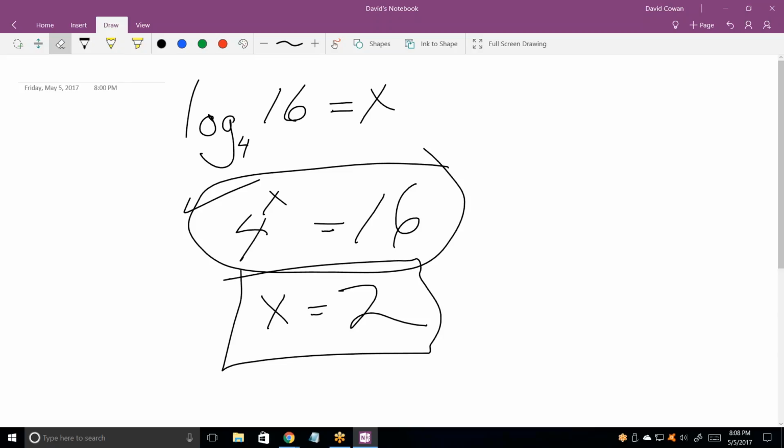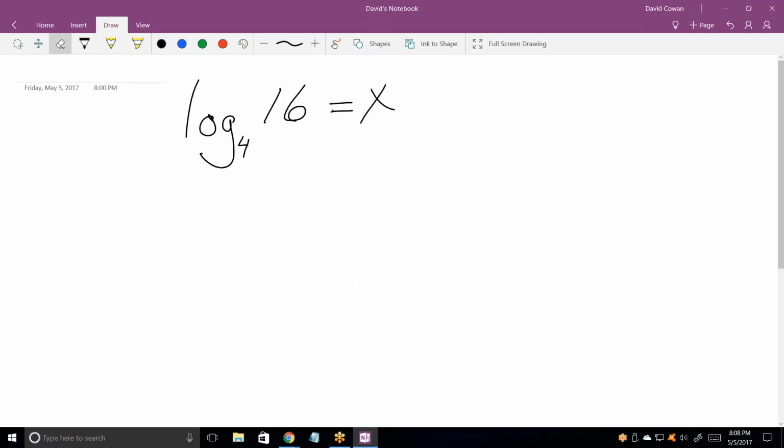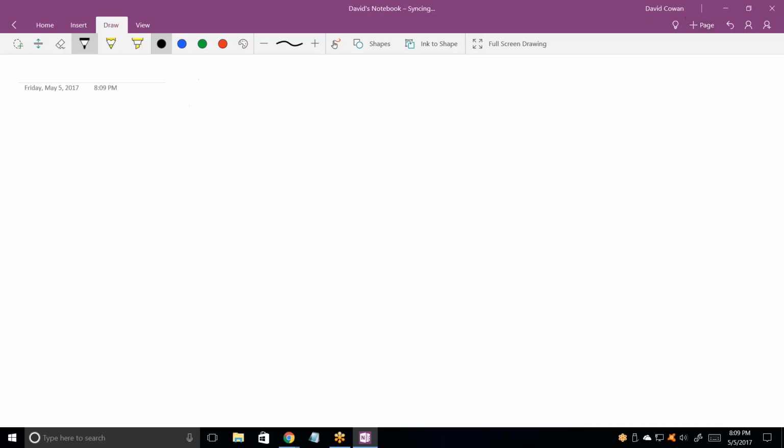Now, let's change it for a moment. Well, I have a harder one. Okay, go ahead. Log base 6 of 216 to the x power. Like that? Yep.